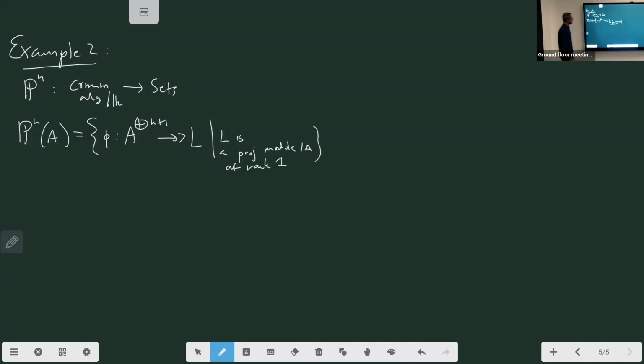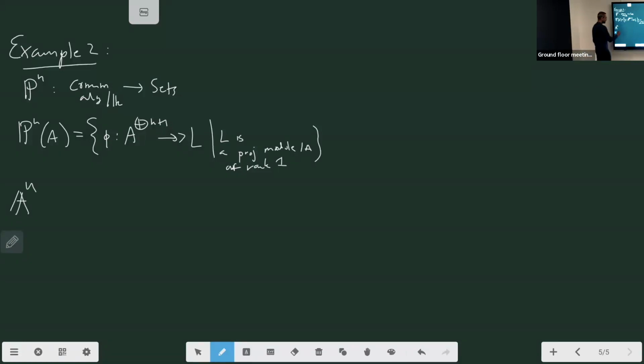This is trying to capture the idea of realizing projective space as a Grassmannian of lines inside a fixed vector space, but you want to globalize it for different rings A, and this is the functor. And you can ask, is this an affine scheme? It's not, but it is covered by affine schemes. Maybe before this I should have said what A^n is.